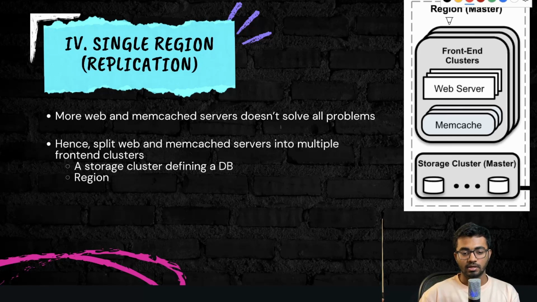Each of these clusters is tied together with multiple other front-end clusters, and a storage cluster, or the actual database, is shared across all the front-end clusters. This whole thing is termed a region. It means we have multiple web servers and multiple Memcache servers in a single cluster, and a single storage cluster in a single region. That is how the definition of a region goes.